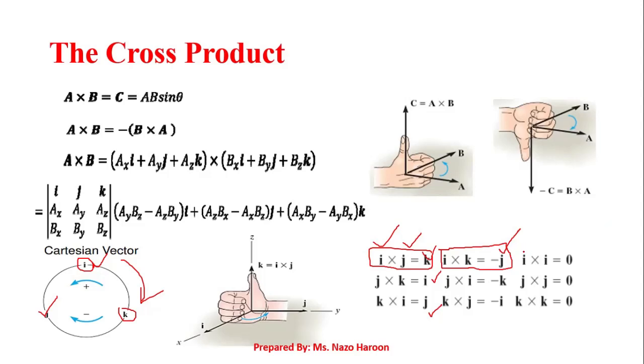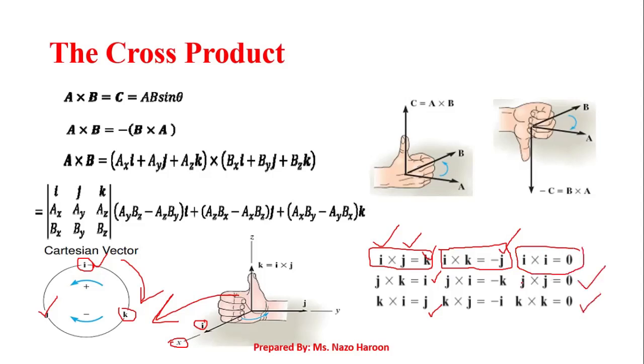So i cross i, which means if, let's suppose, this is the x-axis, as mentioned on the slide, the unit vector along the x-axis is i. If you get another axis parallel to this x-axis, both axes will make a 0 angle, right? So sine of 0 will give you 0. So i cross i will always give you 0. Likewise, the same strategy applies to j cross j and k cross k.